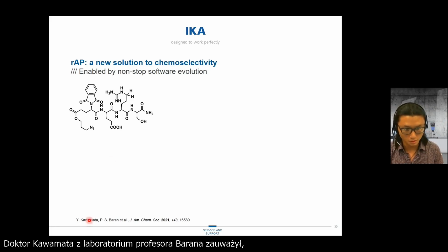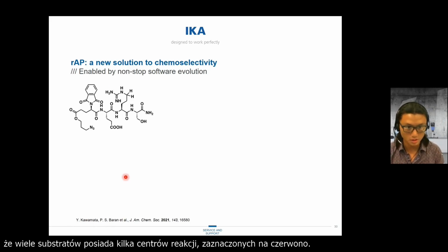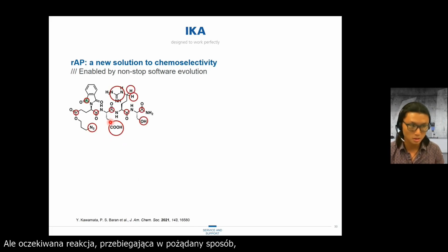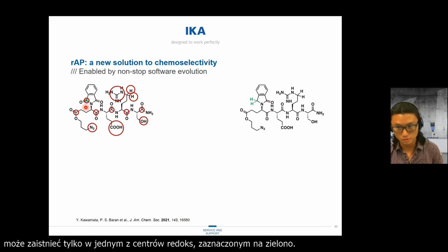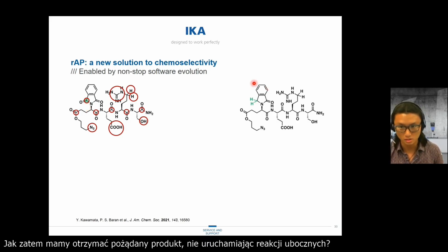Dr. Kawamata from the Baran Lab pointed out that many substrates have a lot of redox active labile sites circled in red. But the desired redox labile site might just be one single spot, as indicated in the green circle. How can we achieve the desired product without triggering other side reactions?